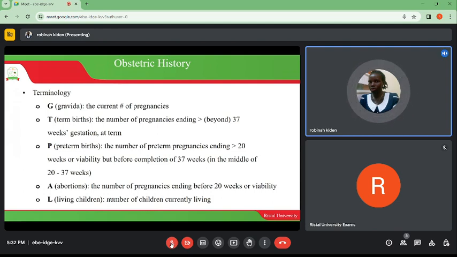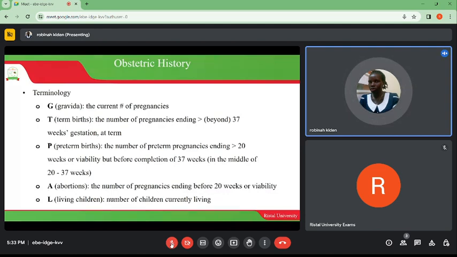Now, what happens is the pregnancy can surpass 20 weeks but cannot reach 37 weeks, and it is delivered. So in most cases such births happen, and the product cannot actually sustain life, cannot stay on its own. That's why it is termed as preterm. Others can survive, but others sometimes can die.